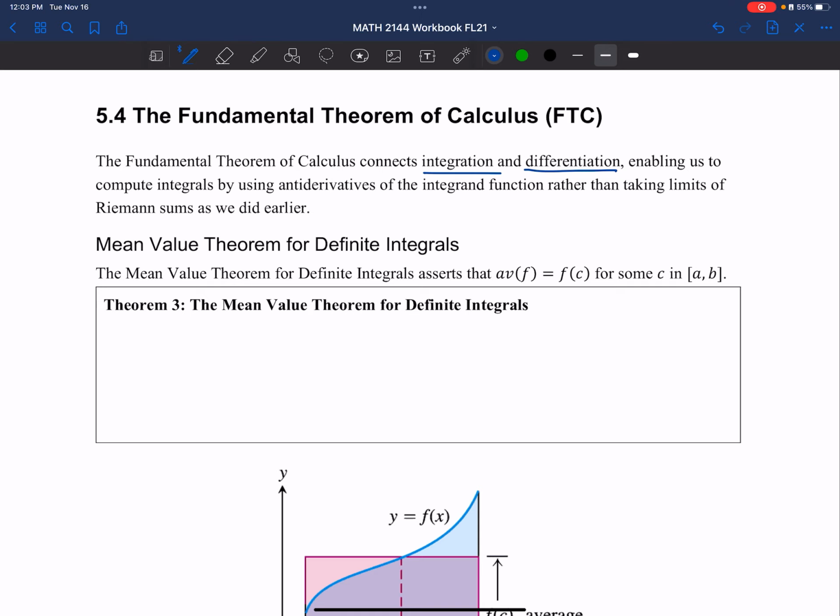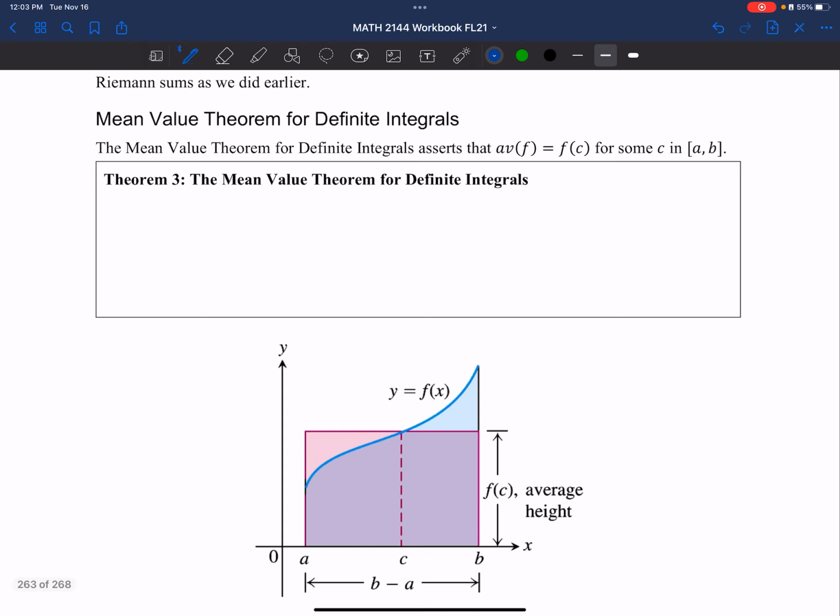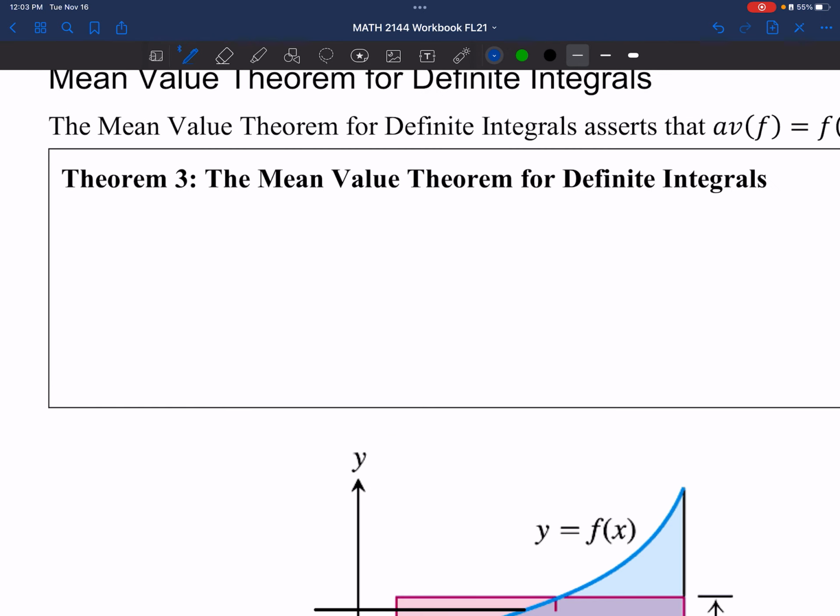So we're just going to do a sampling of ideas from this section. The mean value theorem for the definite integral, we're going to just state it, talk about what it means briefly, but we're not going to spend much time on it here. That would just be average. So the statement is as follows.